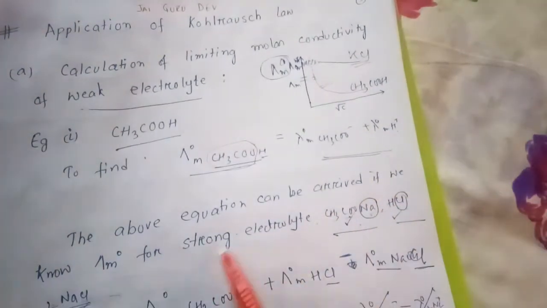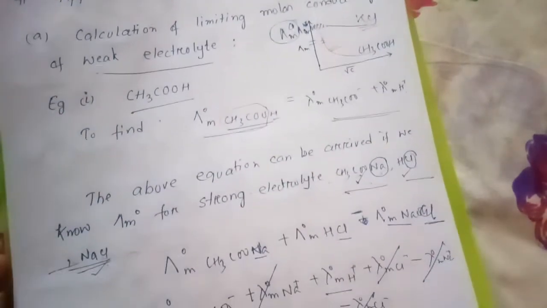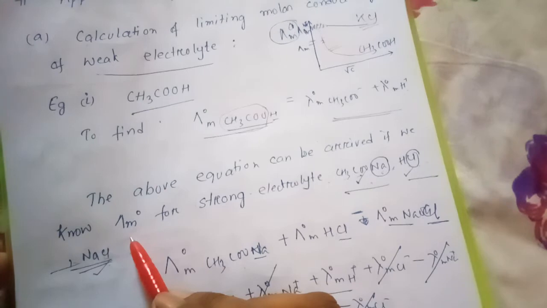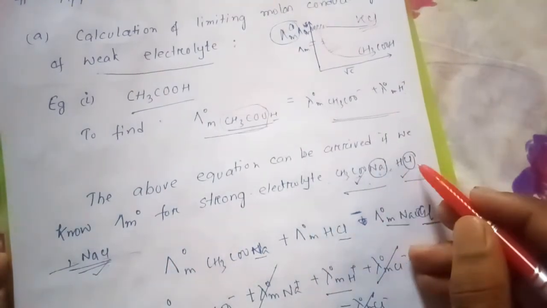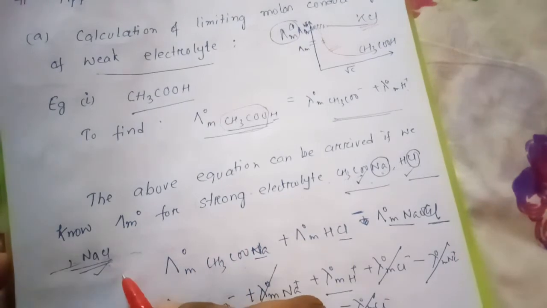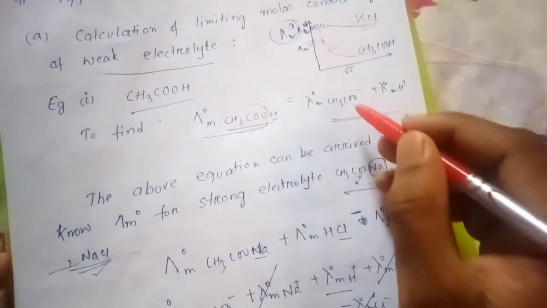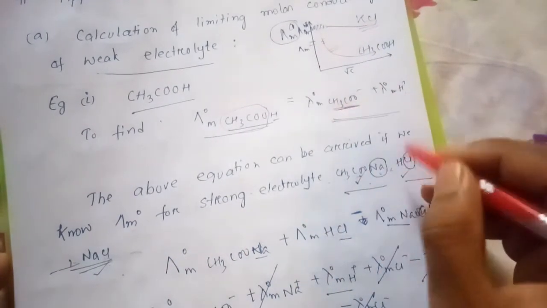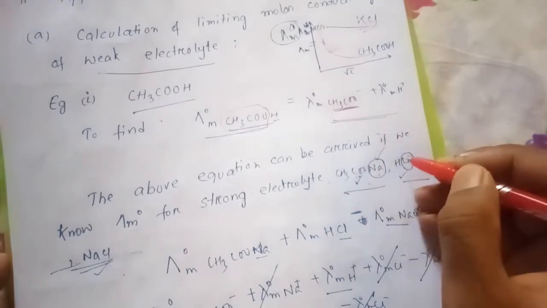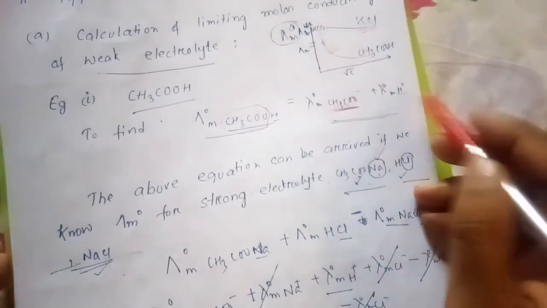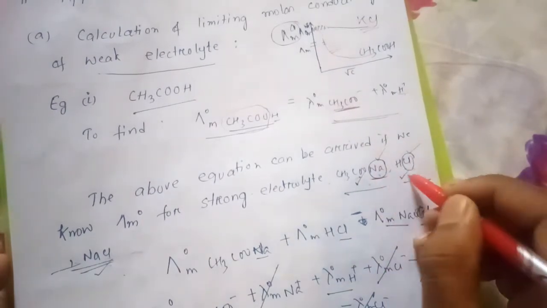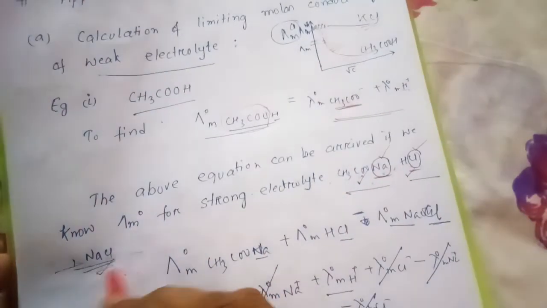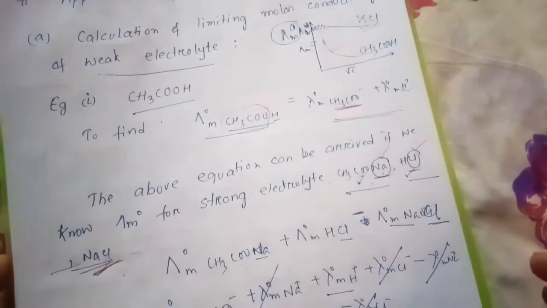Now the above equation can be arrived at if we know the limiting molar conductivity of strong electrolytes CH3COONa, HCl and NaCl. CH3COO is there, so with that we make a strong electrolyte with sodium, and H is there with the strong electrolyte HCl. Here the extra is Na positive and Cl negative, that is why we have to subtract NaCl there. Now how do you have to arrange this?